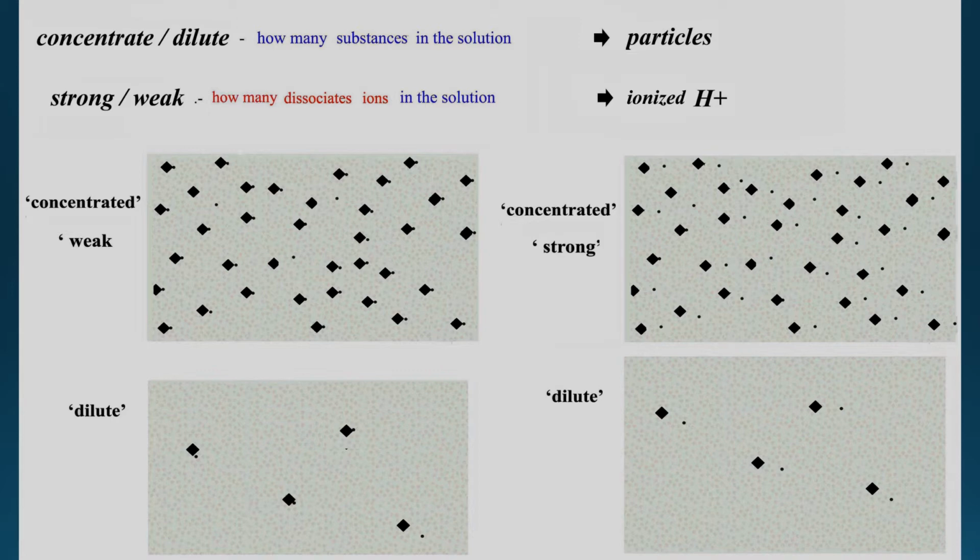They are concentrated and weak. In the next picture, look, they ionize, ionize, ionize, ionize. They all ionize. So this one is concentrated and a strong acid. Remember, a weak acid is partially ionized. A strong acid is completely ionized.